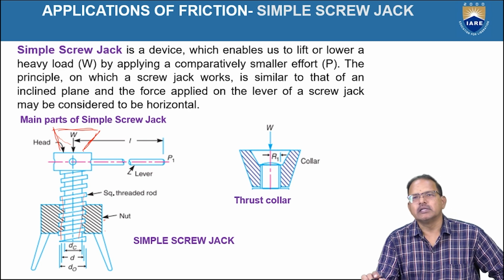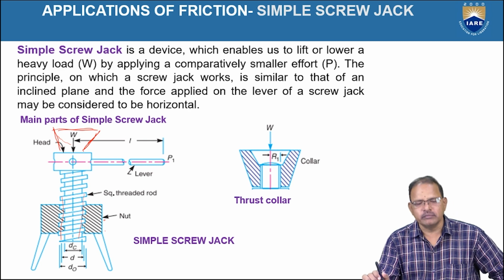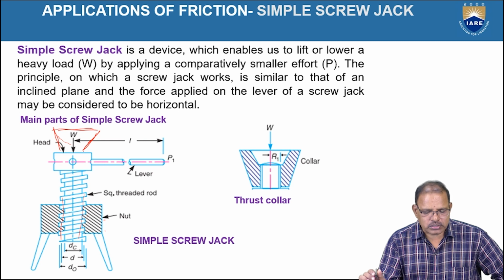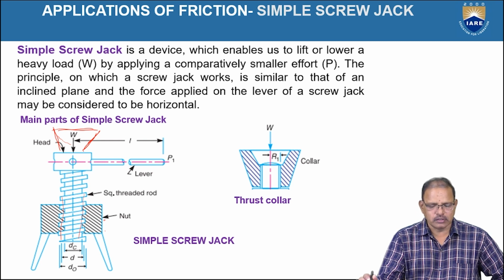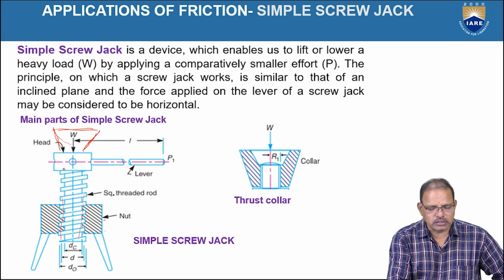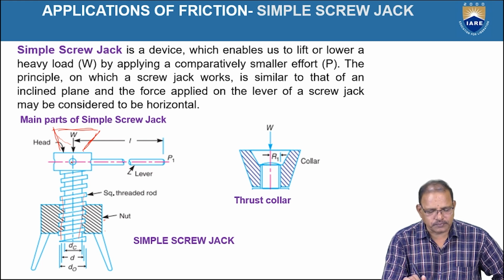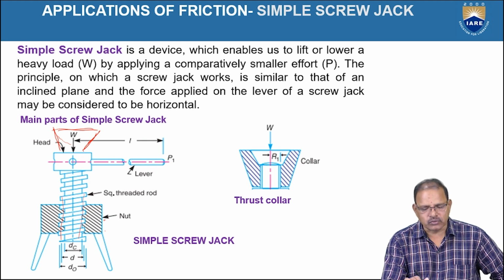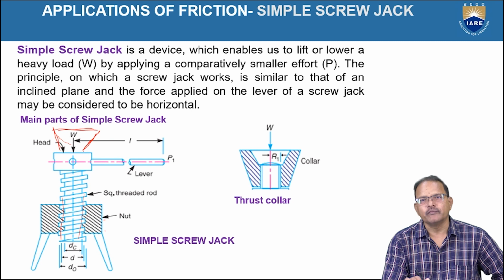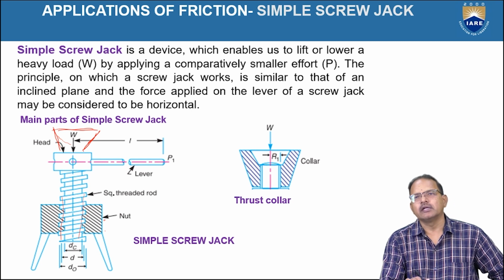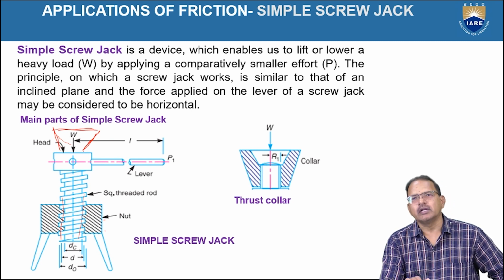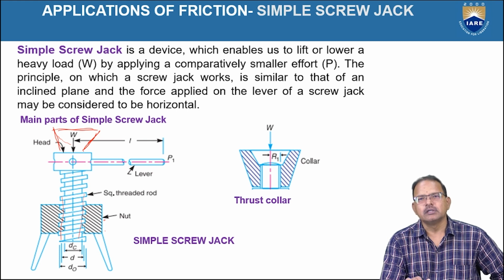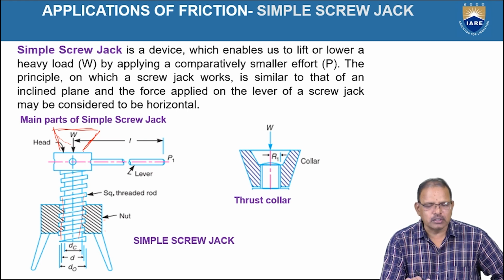The cup can be rotated freely over the end of the square threaded rod, as shown in the figure. The head of the rod is provided with 4 slots to insert the lever, as shown in the figure. By inserting the lever, the rod can be rotated in the clockwise or anti-clockwise direction, so that the load can be raised or lowered.